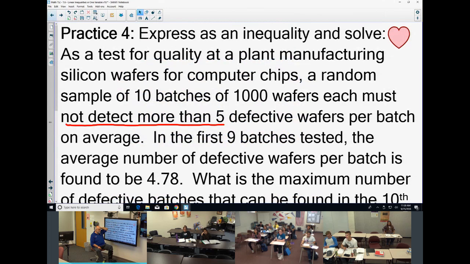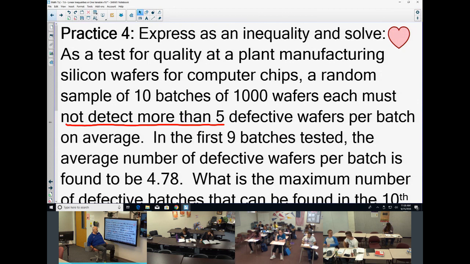Okay, so let's look at this. This one is an inequality problem. It says express as an inequality and solve. All right, so as a test for quality at a plant manufacturing silicon wafers for computer chips, a random sample of 10 batches of 1,000 wafers each must not detect more than 5 defective wafers per batch on average.